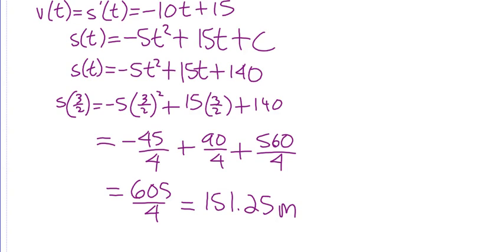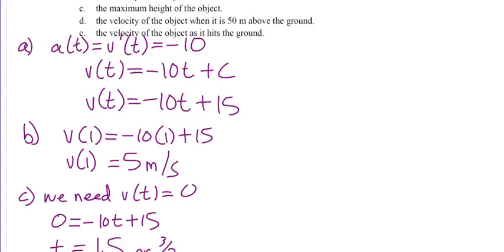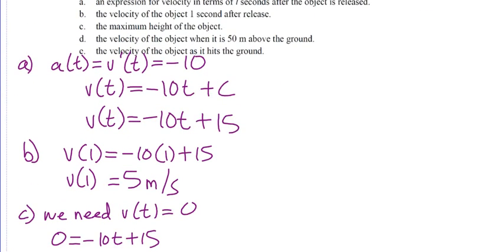All right, are we there yet? No. Well, that's C, but now we've got D: the velocity of the object when it's 50 meters above the ground. Everybody got this? Okay. D, velocity when it's 50 meters above the ground. We have an expression for velocity, right? So what do we have to find?